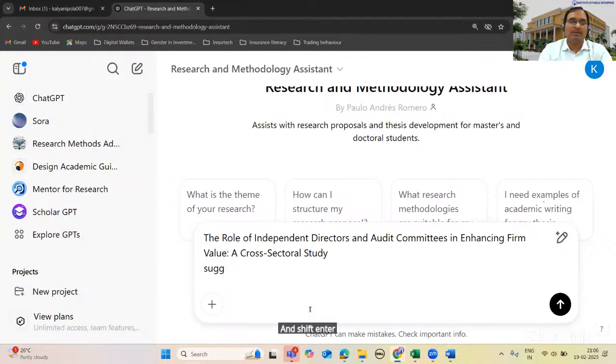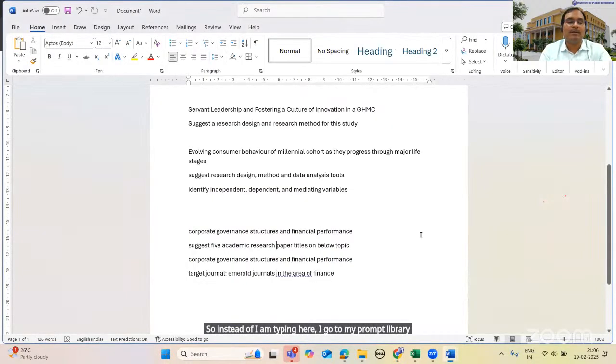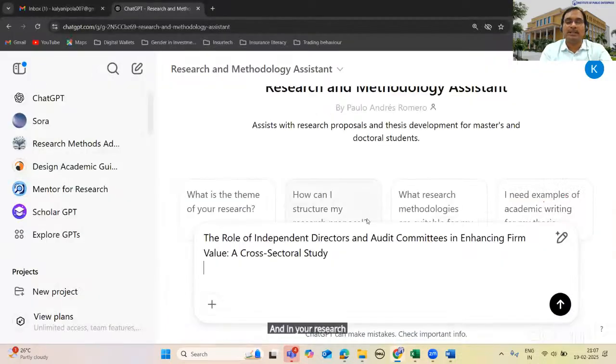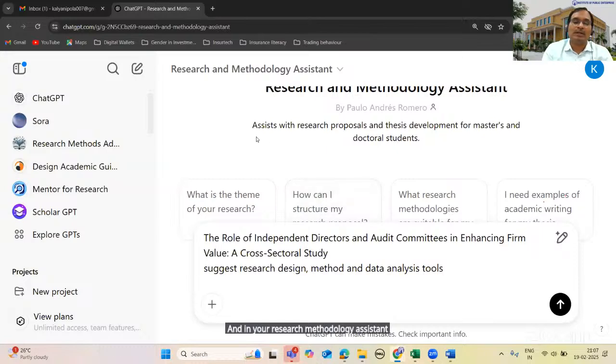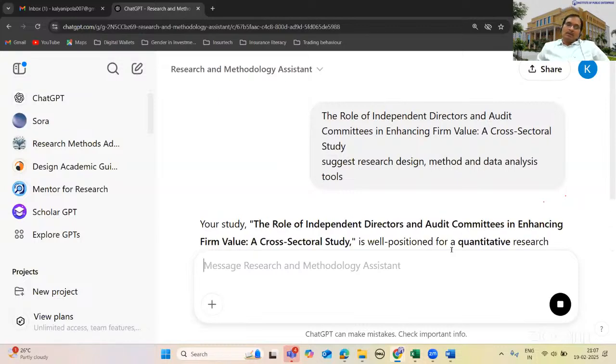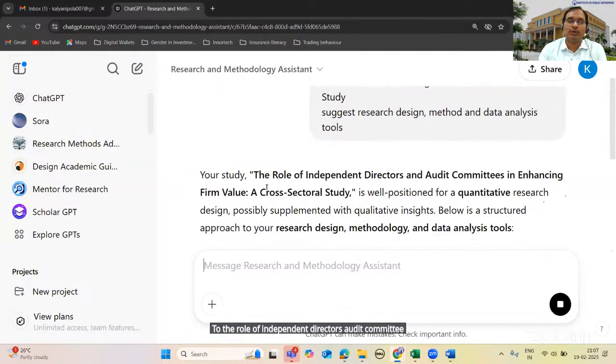Suggest the same thing. Instead of typing here, I go to my prompt library: suggest research design, data analysis tools, so and so forth. Copy this, come back, and give this to your research methodology assistant AI, with the role of independent directors, audit committee, enhancing, and so forth.